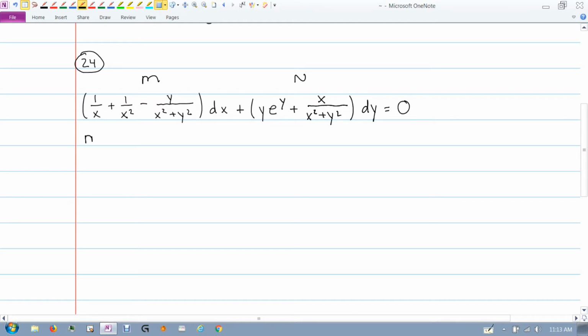Partial of m with respect to y is equal to, well, these two go to 0, so we don't worry about those. This is a quotient rule, so let me do the derivative of that. The derivative of the top is 1 with respect to y, times the bottom, minus the derivative of the bottom with respect to y, which is 2y, times the top, all over the bottom squared.